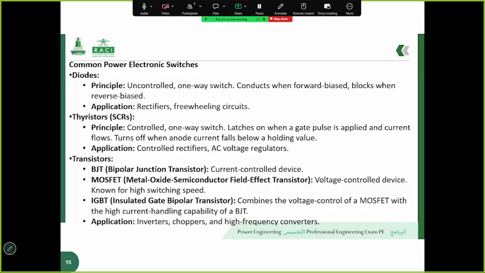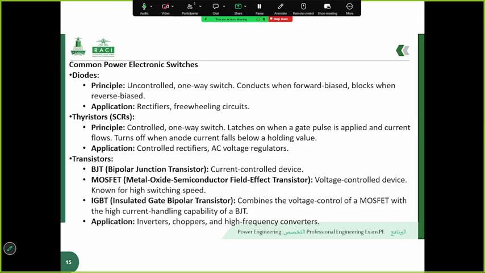Finally, the slide explained transistor-based power switches, including the bipolar junction transistor (BJT), the metal oxide semiconductor field effect transistor, or MOSFET, and the insulated gate bipolar transistor (IGBT). The BJT operates as a current controlled device, while the MOSFET is voltage controlled and offers very high switching speed.